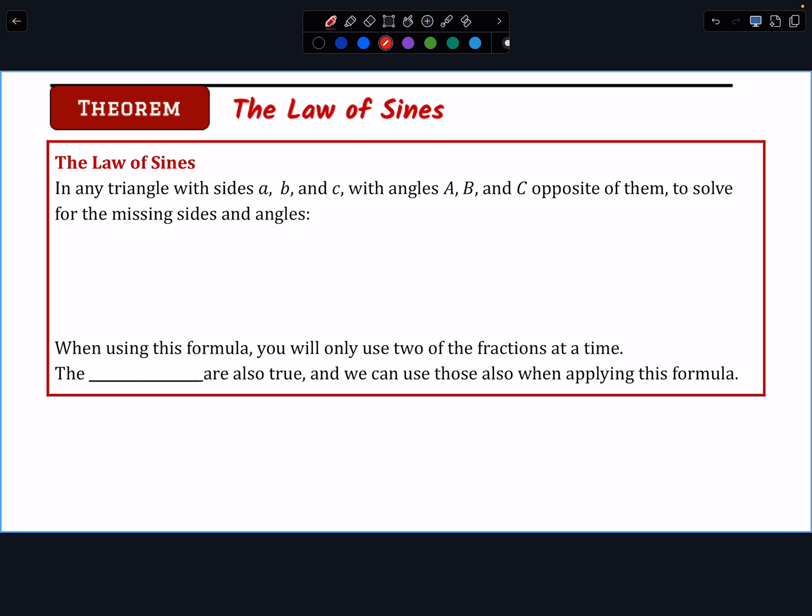In any triangle with sides little a, little b, and little c, with angles big A, big B, and big C opposite of them, to solve for the missing sides and angles. This is the law of sines.